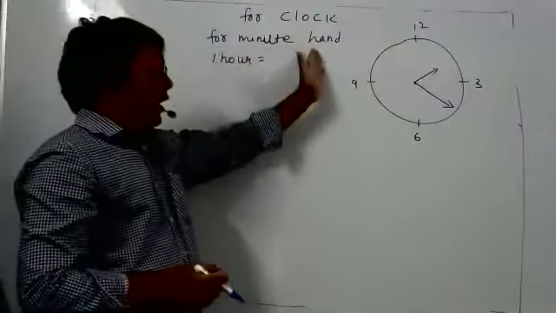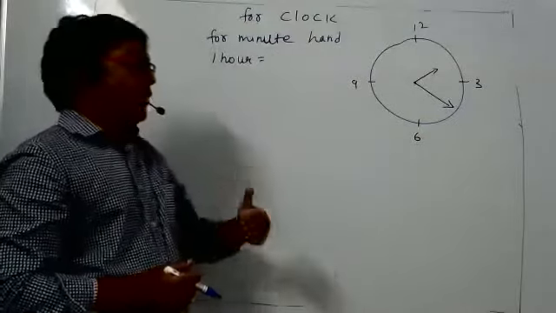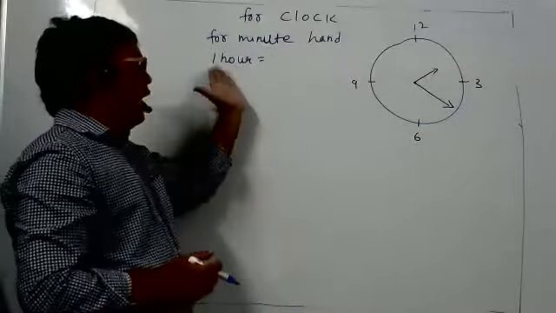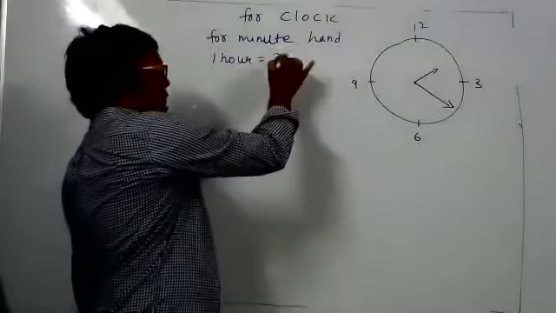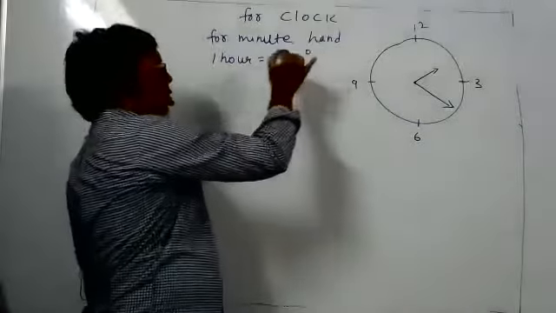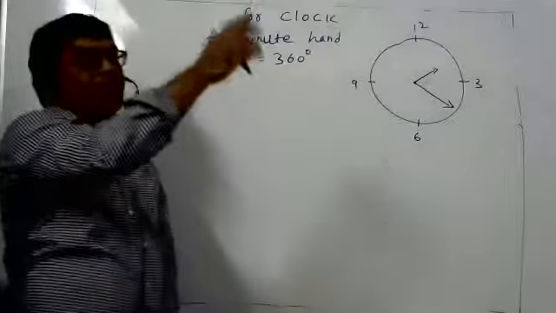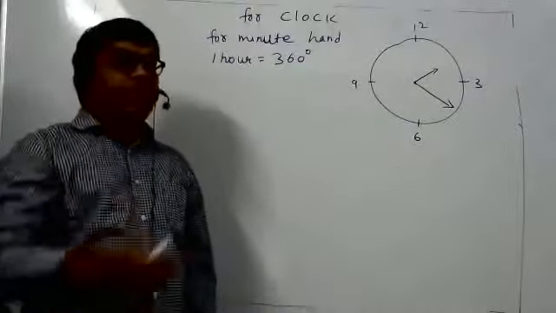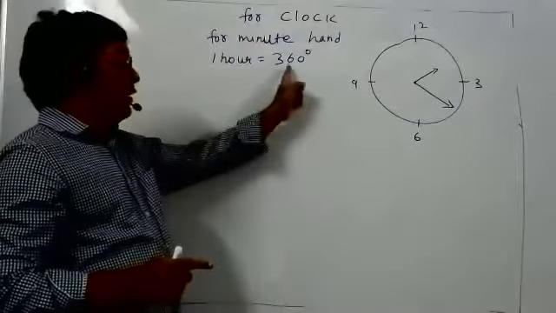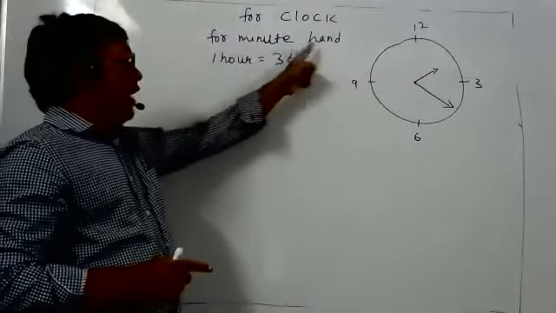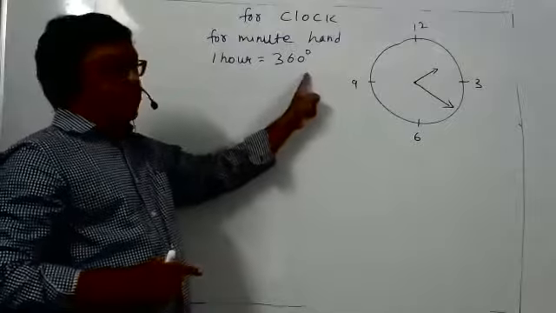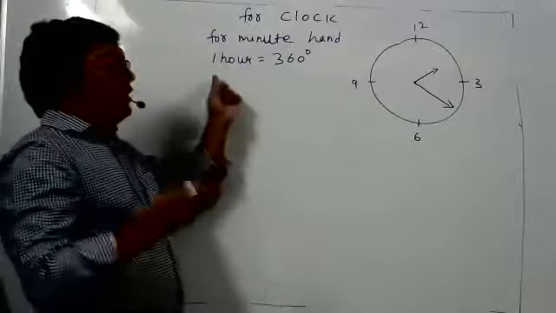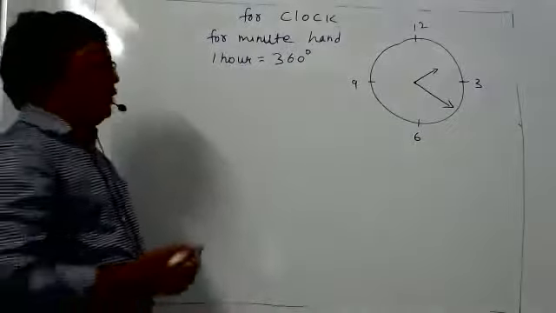For the minute hand, in 1 hour how many degrees will it cover? 360 degrees, because in 1 hour the minute hand will completely cover one revolution, one rotation. So for the minute hand, 1 hour is equal to 360 degrees. But 1 hour is equal to how many minutes? 60 minutes.